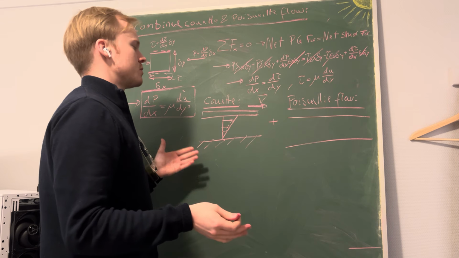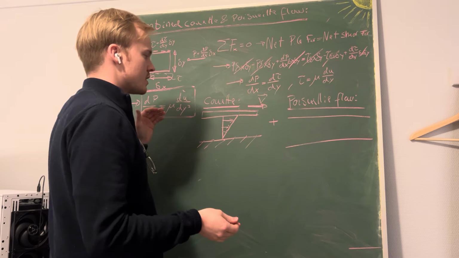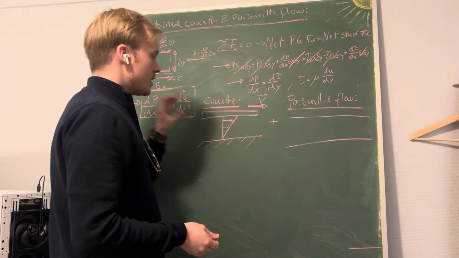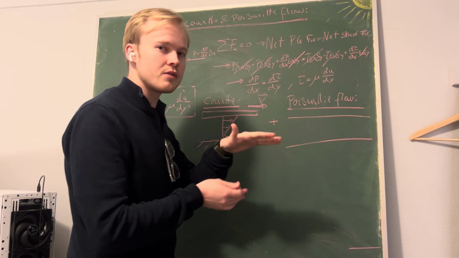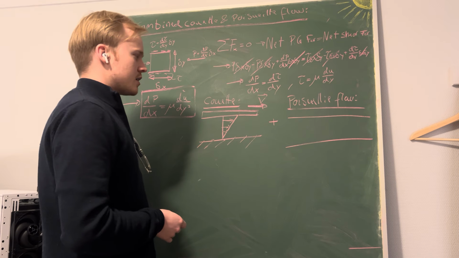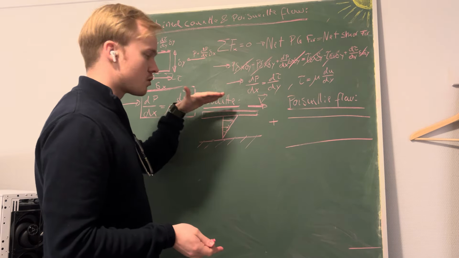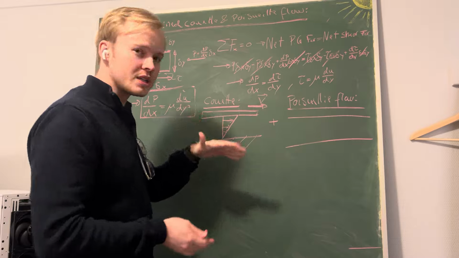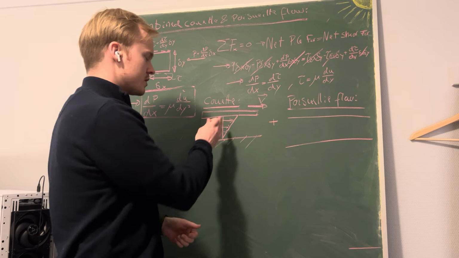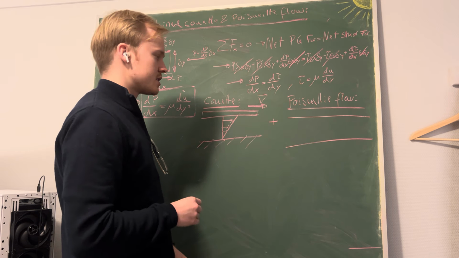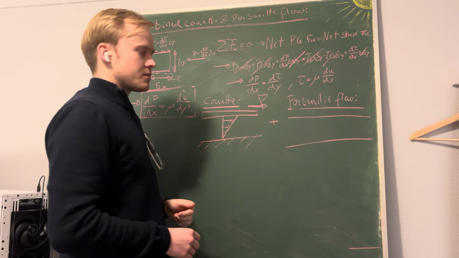For example, let's say this channel is very, very small and we have honey being dragged along this plate, and it moves very, very slowly. Laminar means that the streamlines are nice and organized on top of each other. They don't mix. There is no turbulence. So this is laminar for both of them: laminar, steady state, and fully developed.